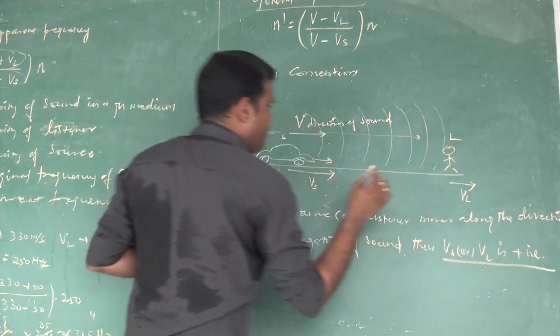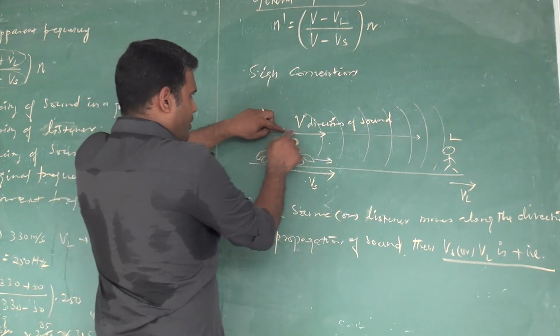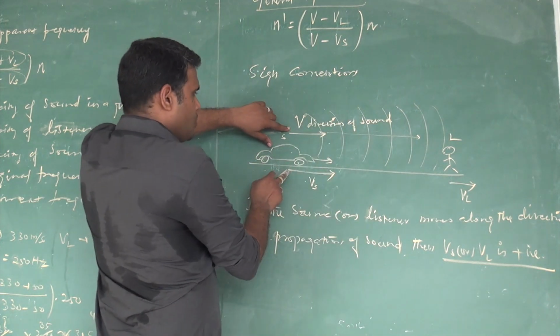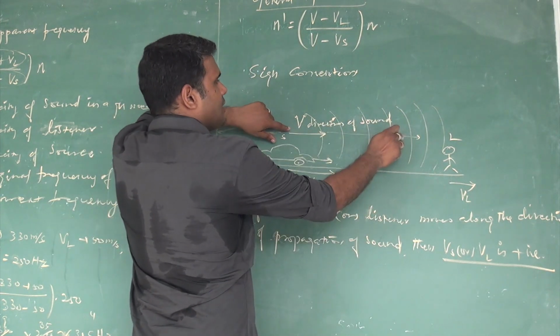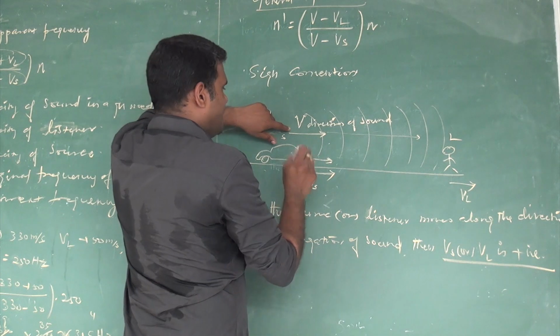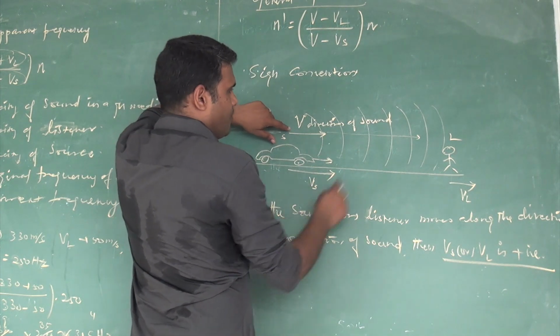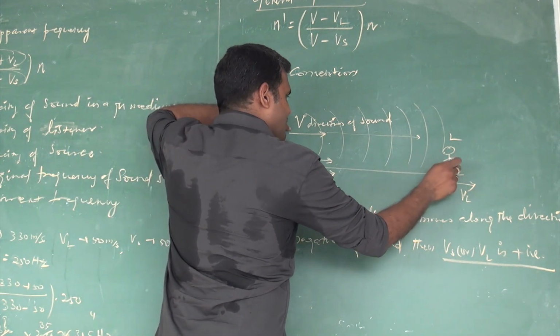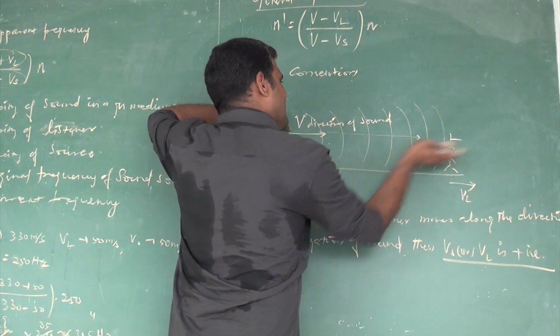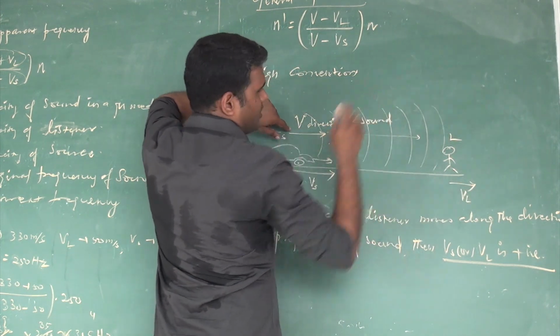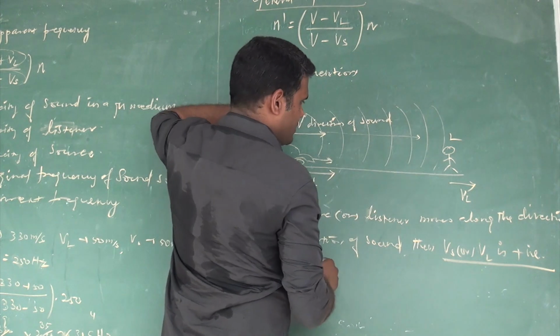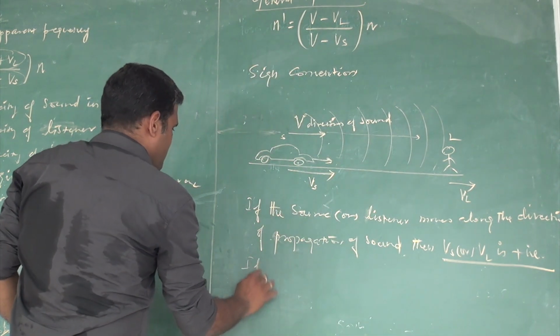If the sound wave is propagating along this direction, and the source is also moving along the same direction as that of propagation of sound, then Vs must be taken positive. If the observer or listener is also moving along the same direction as that of the propagation of sound, then VL is also positive.